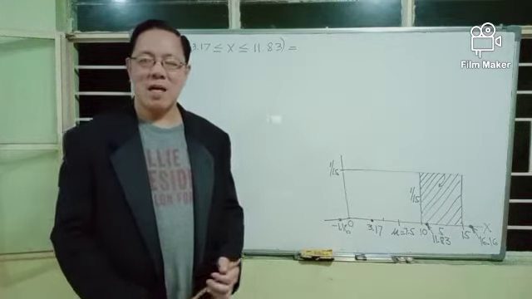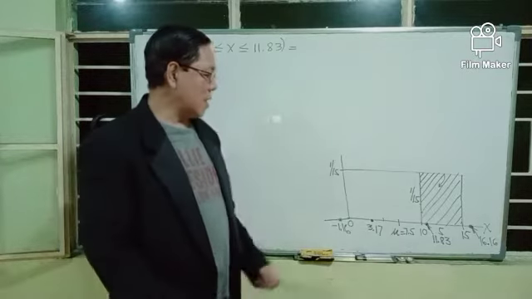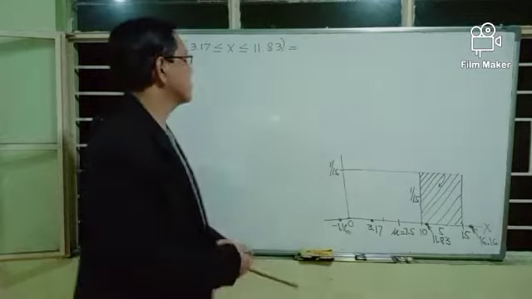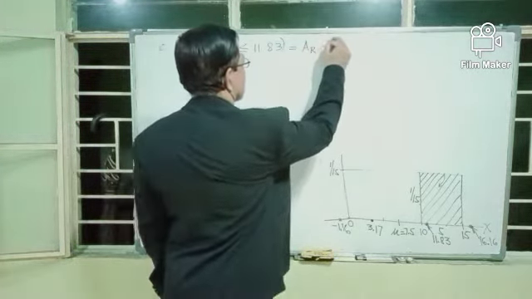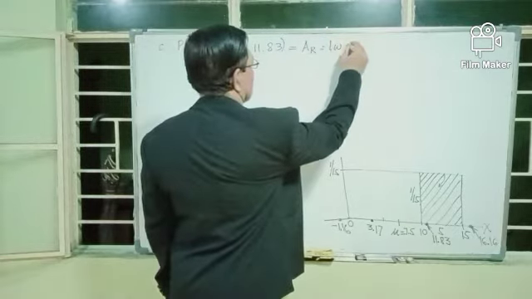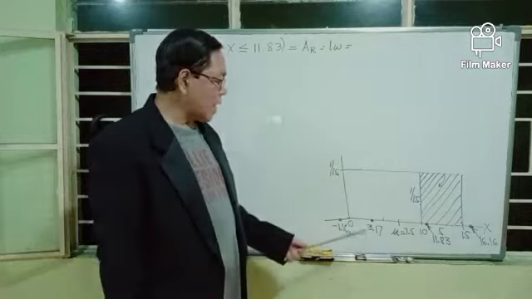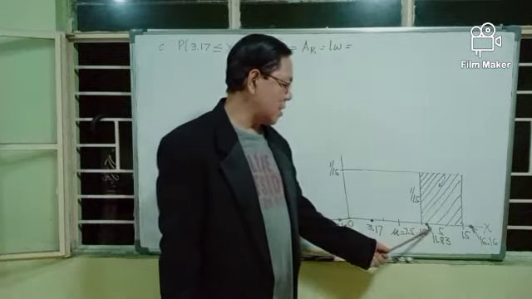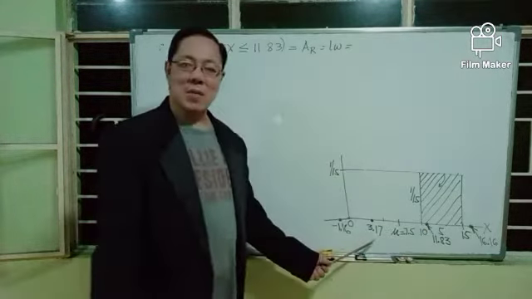The area of the rectangle is equal to length multiplied by width, where the width in this example corresponds to the height of the rectangle. The length is the length of the interval from 3.17 to 11.83, which is 11.83 minus 3.17.